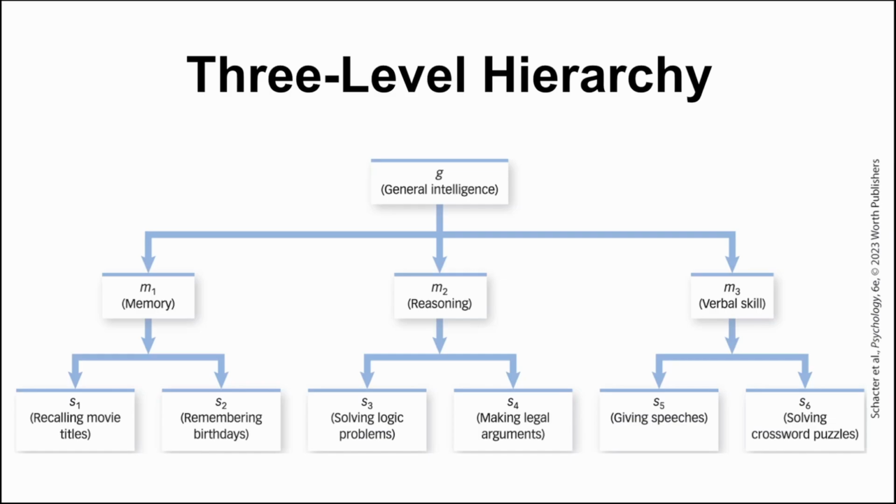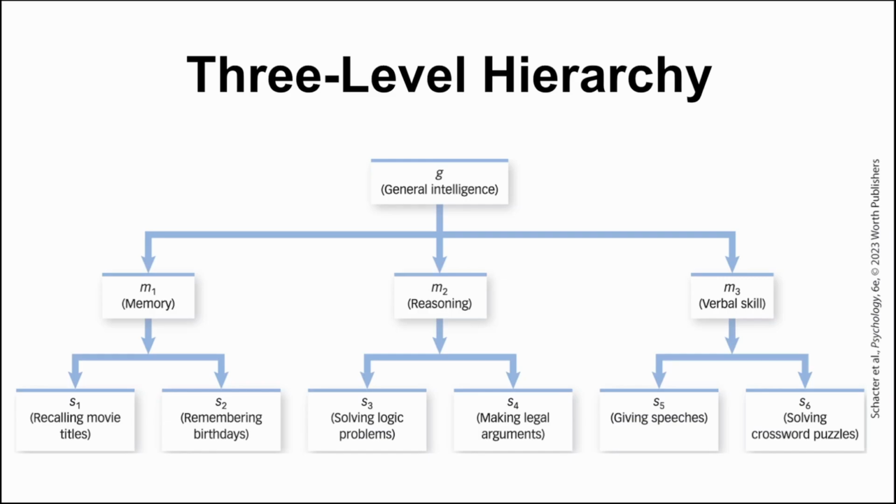Now, if we do agree, and a lot of people do, and a lot of the data does, on this 3-level hierarchy, with our general, mid-level, and specific abilities, you can probably figure that not everyone's going to agree on exactly what things are going to fall into each of these categories. I will note that when we're looking at the specific abilities at the bottom, there are too many of these to actually label every single one of them.